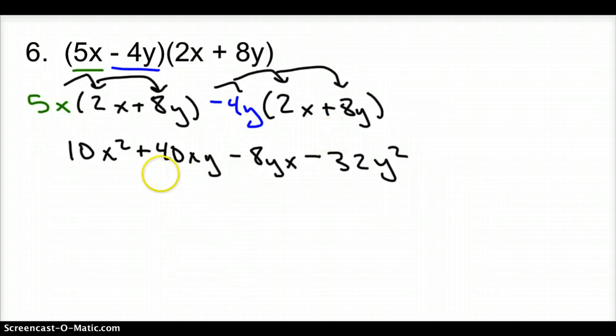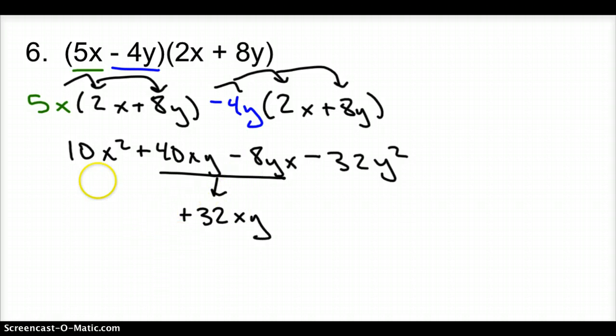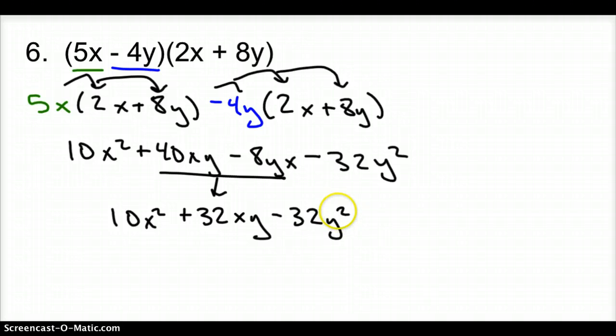Do we have any like terms? Remember, it can be xy or yx. So we do have some like terms. They turn into a positive 32xy written in alphabetical order. And then bring down your 10x squared. Bring down your minus 32y squared. And that is your answer for number 6.